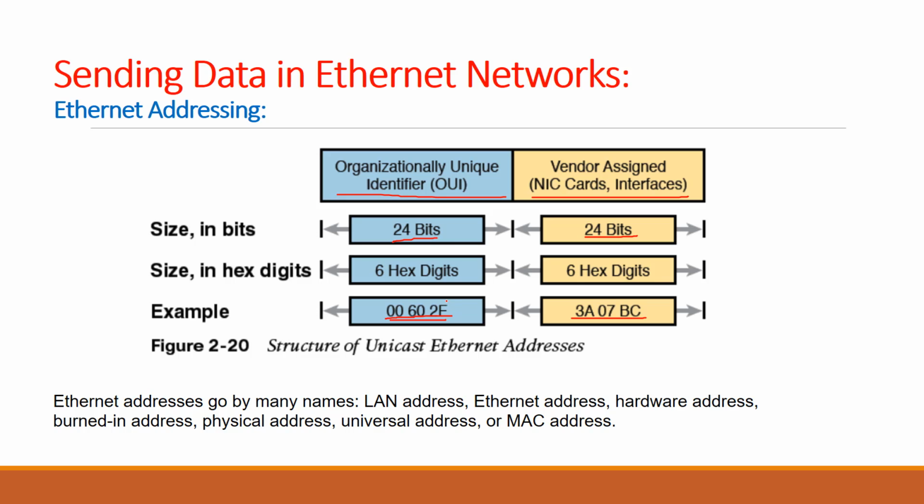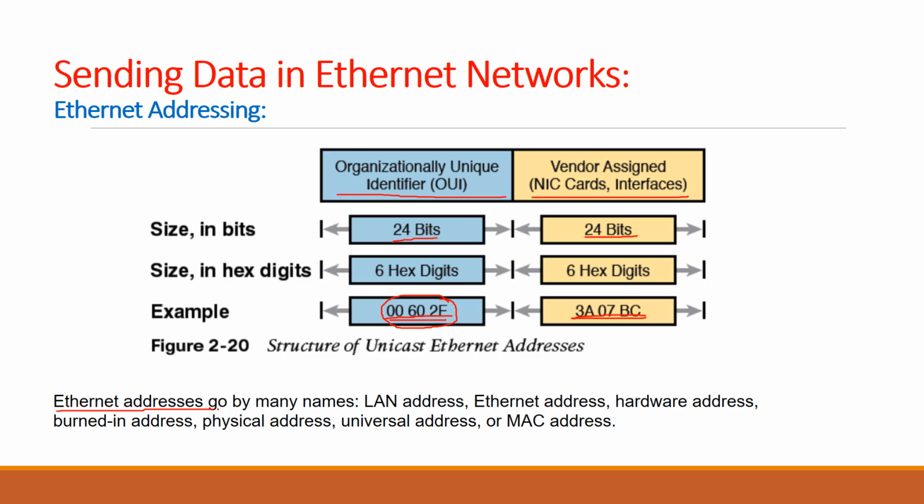That's why you can find some network interface cards or switch ports whose MAC addresses have the same first 6 hexadecimal digits, because they are coming from a specific vendor. But the last 6 digits should be unique for each device.